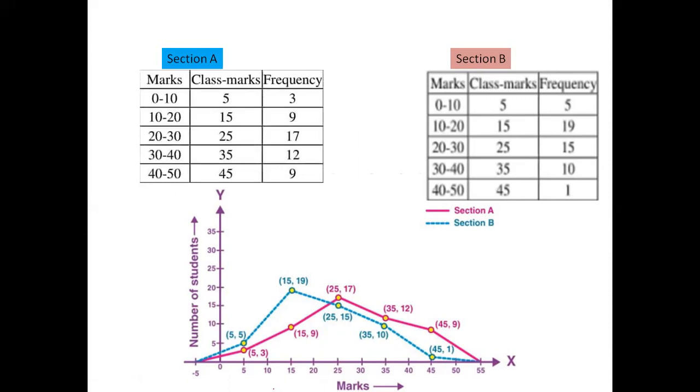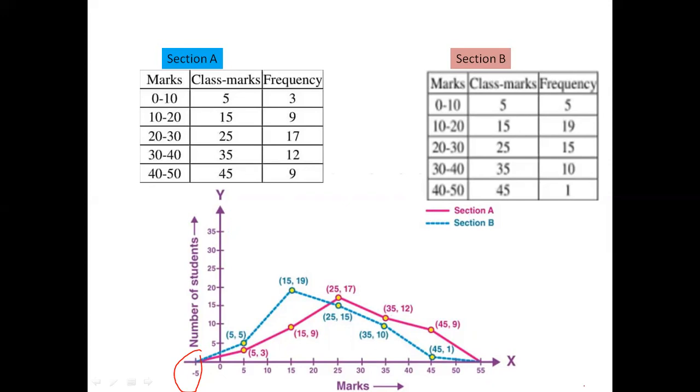Now we need to start from 5. So we have to have a preceding class. So preceding, I'm starting with -5 and then the succeeding. So 45, so I need to have up to 55.